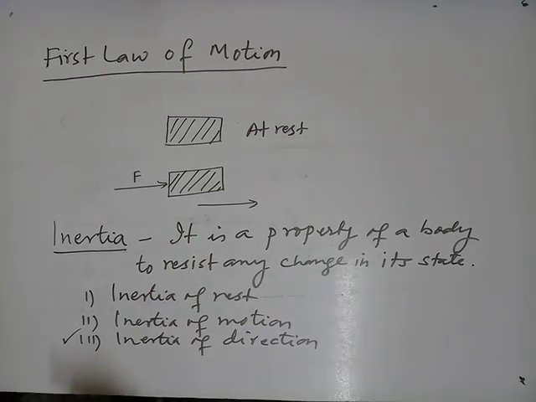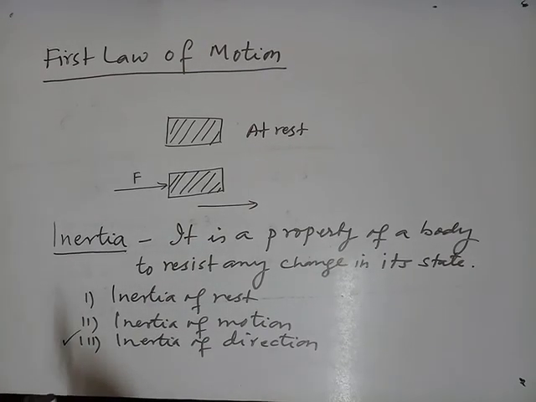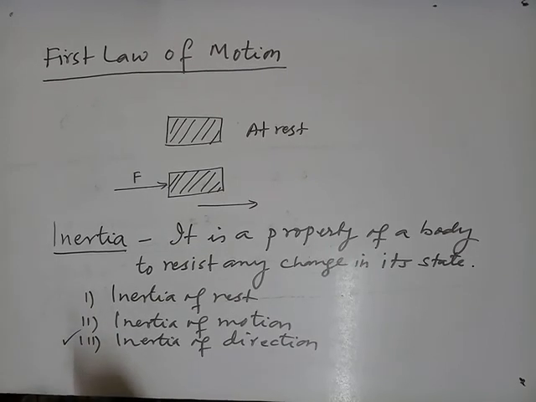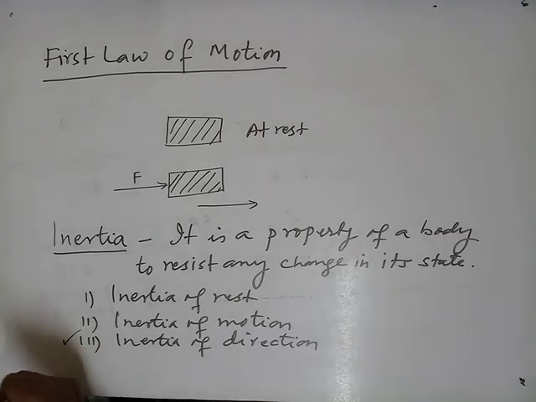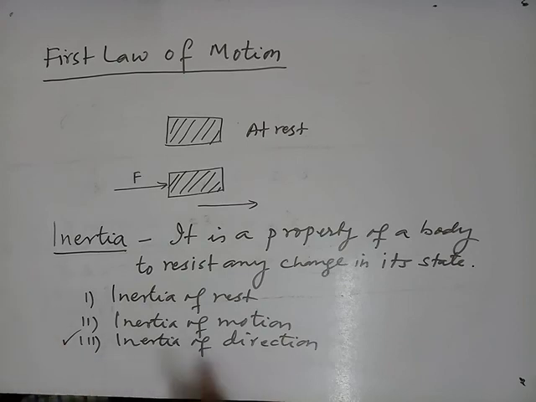One more thing: when we are moving in a straight line and want to change the direction, suppose we have to turn left, then we have to move our handle to the left or the right side. Unless we apply a force to make the bicycle turn left or right, the cycle will not turn. So that is called inertia of direction.